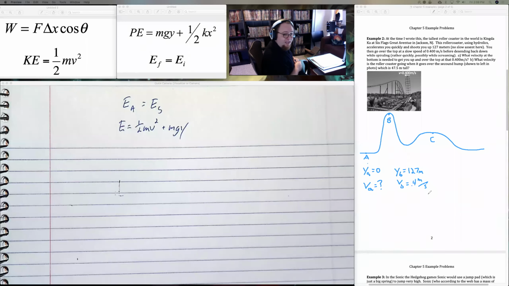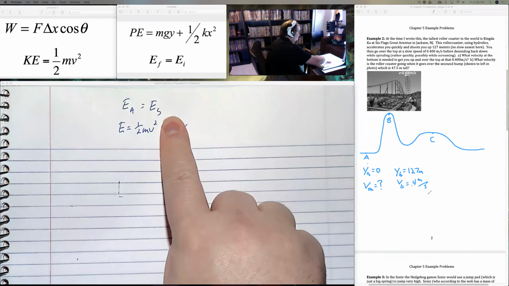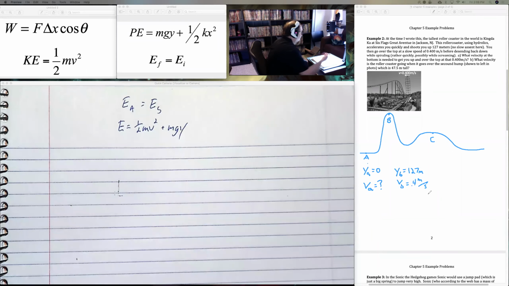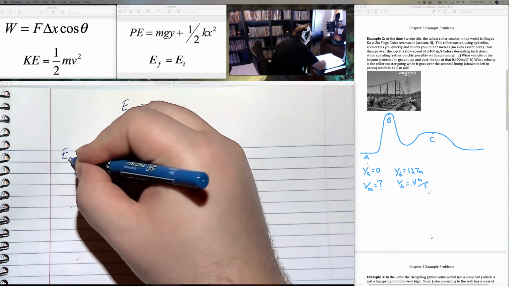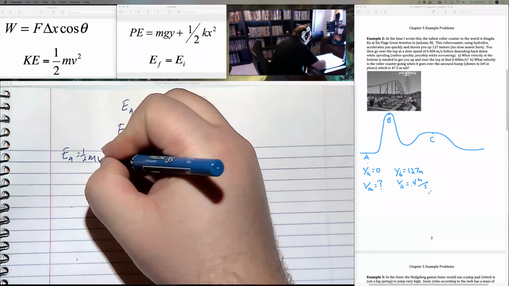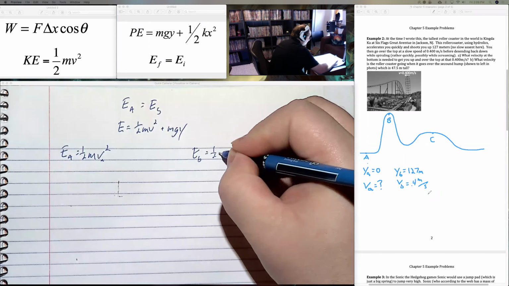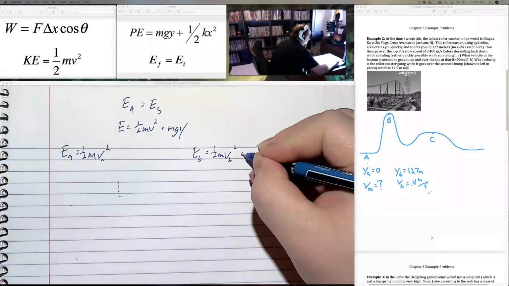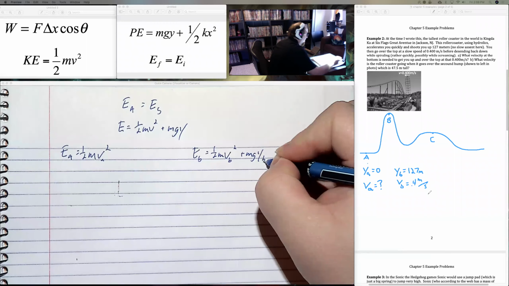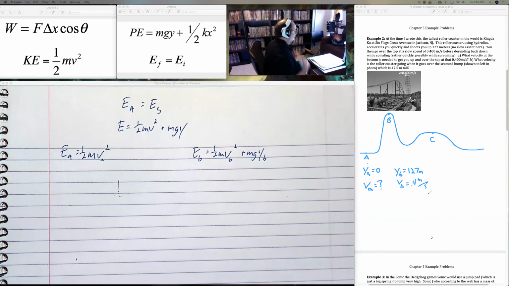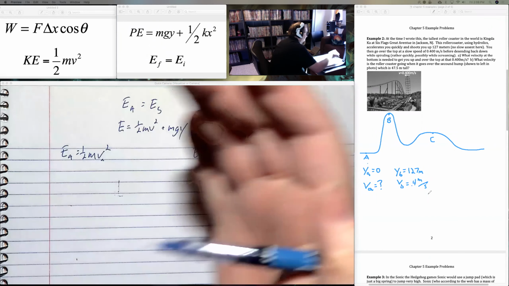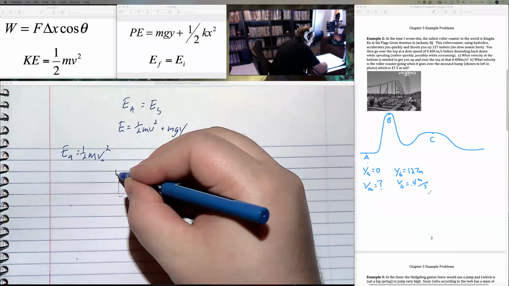At A, my height is 0, just like in the last problem, so my energy at A is 1/2 mVA squared. My energy at B is 1/2 mVB squared plus mgyB. I'll use conservation of energy and set these two equal to each other.